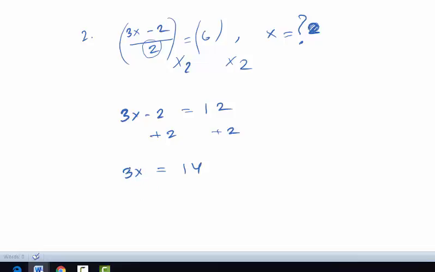Now to eliminate the 3 from x, we divide both sides of the equation by 3. So 3 cancels, and x equals 14 over 3. That is how the equation works.